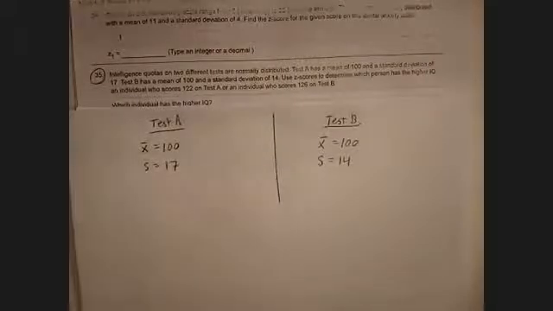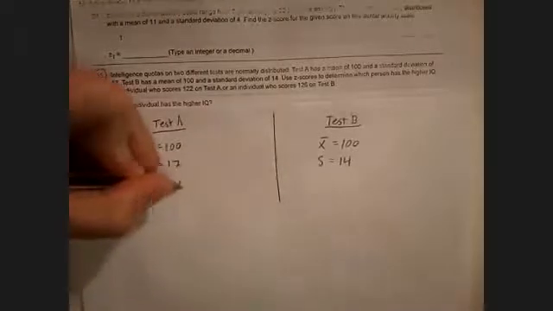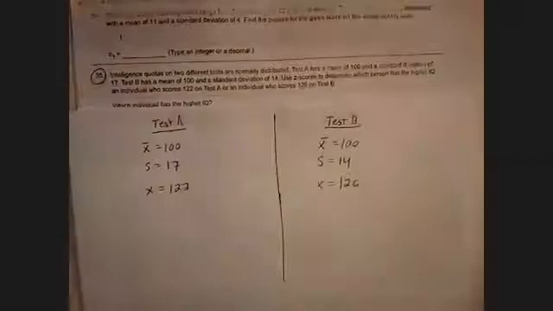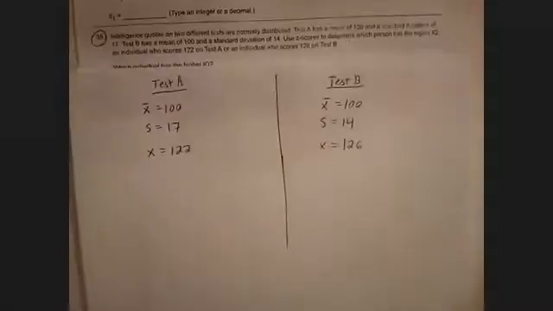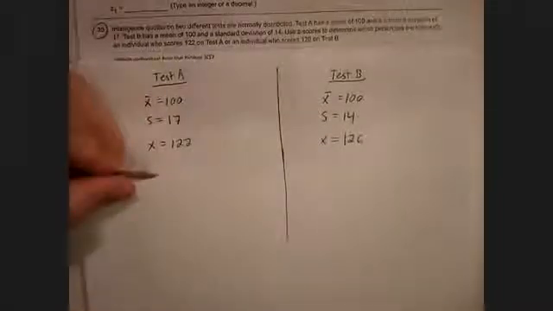Use a Z-score to determine which person has a higher IQ. Person who scored 122 on test A, well, that is my X. And another scores a 126 on test B. So I need to work Z-scores for each of these and then compare which one is bigger. Okay, that's it.